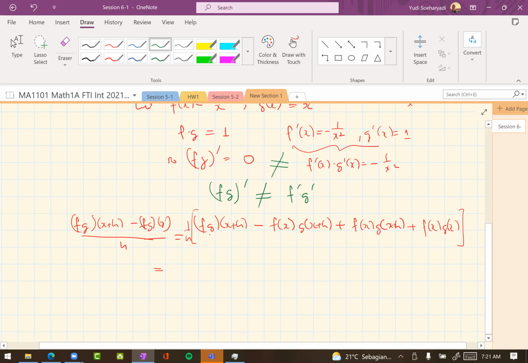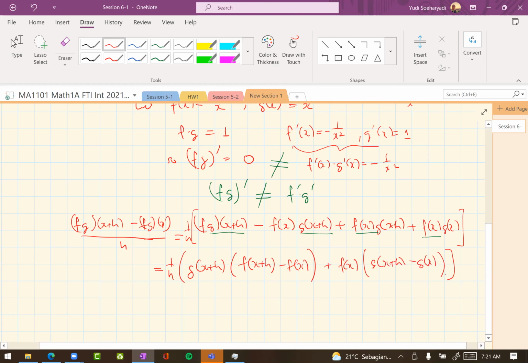So what we do here is factor out the common factor. What you have is 1 over h here. Take out g of x plus h, and what's left is f of x plus h minus f of x. Same thing here, take the common factor. The common factor here is just f of x, so let's take this out, and what's left is g of x plus h minus g of x.